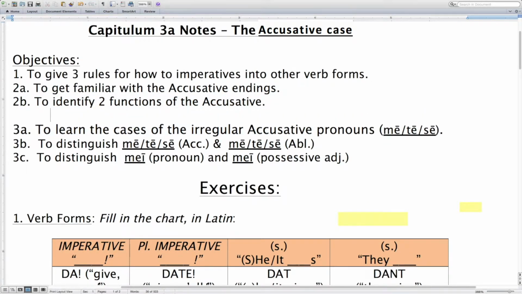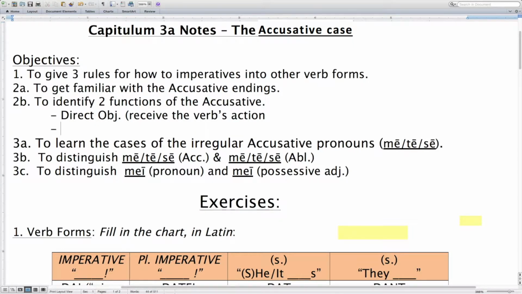One of the functions of the accusative is to function as the direct object, which is to receive the verb's action. A second function of the accusative that we're going to have is called, by this curious phrase, place to which. And that's going to be any time that you have the word ad in front of an accusative word. Ad means to.